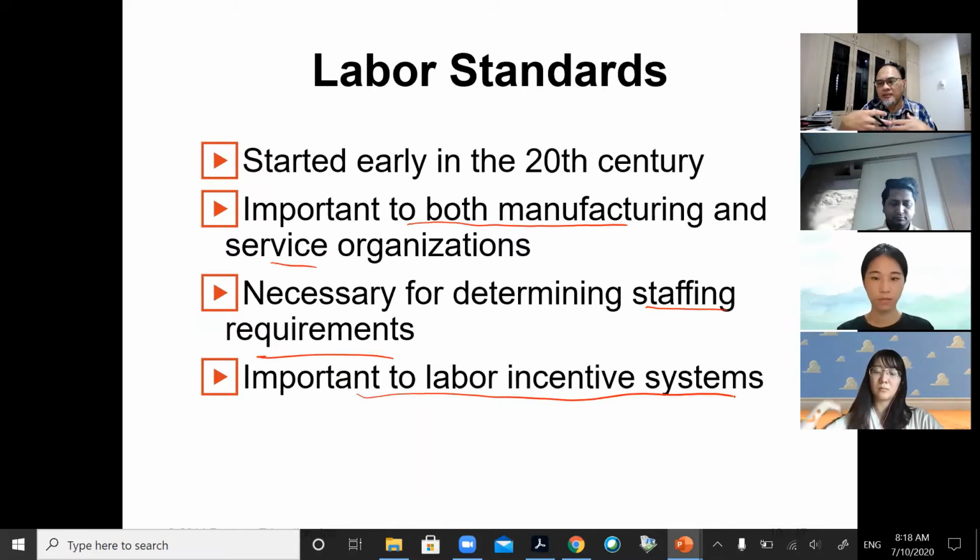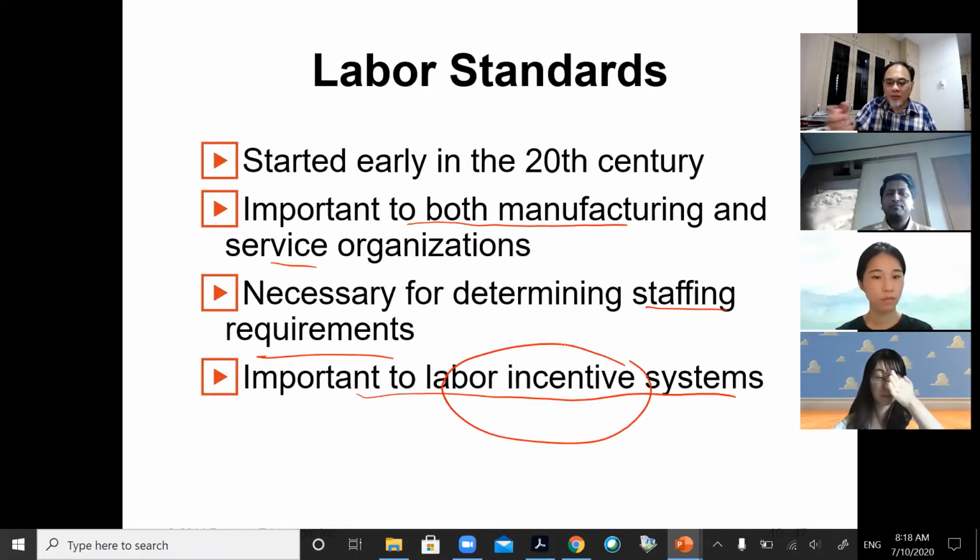They make shirts, clothes. So it is dependent on how long it takes to make one shirt, or sewing. You know sewing. So one day 500, but if you make more than 500, for every single extra piece you give an incentive, piece rate, for example. So that is labor incentive.